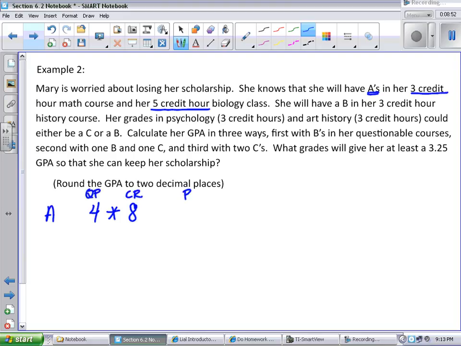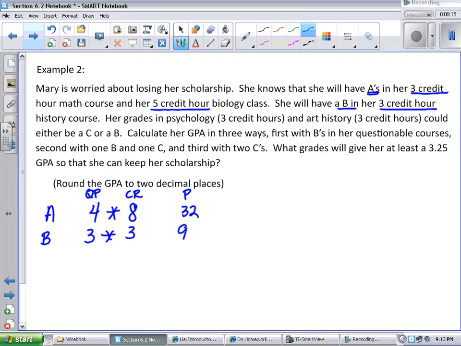So her product here is 32. That we know. It also says she will have a B in her 3 credit hour history course. The B is worth 3 quality points, and we know she's going to have that in her 3 credit hour history course. So that could be another 9 points.